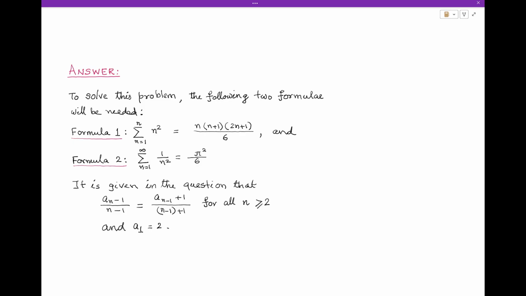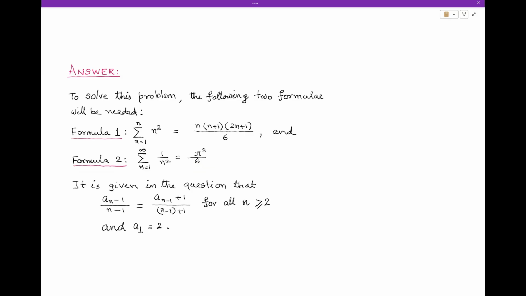And the second formula is summation of 1 by n squared when n varies from 1 to infinity is pi squared by 6.